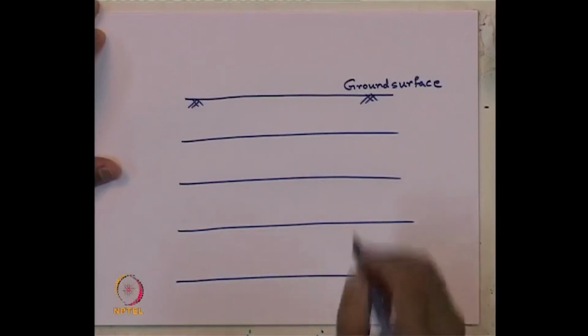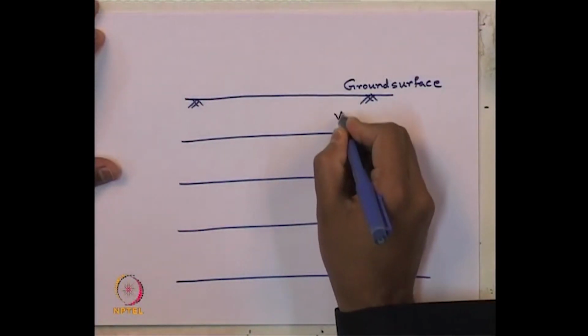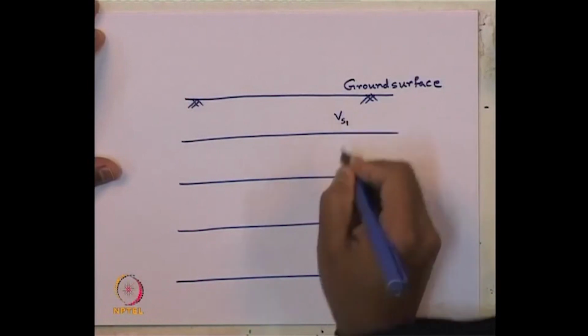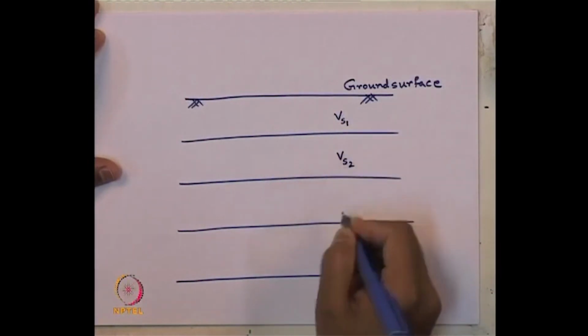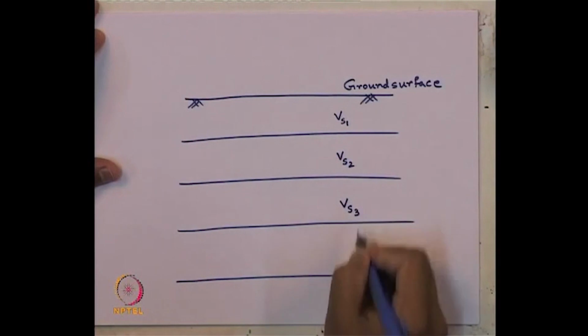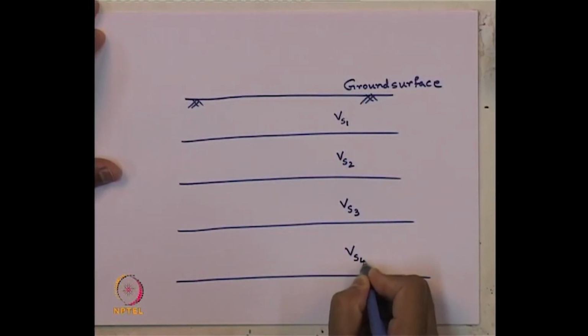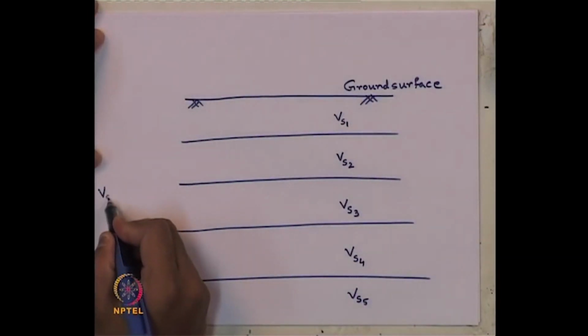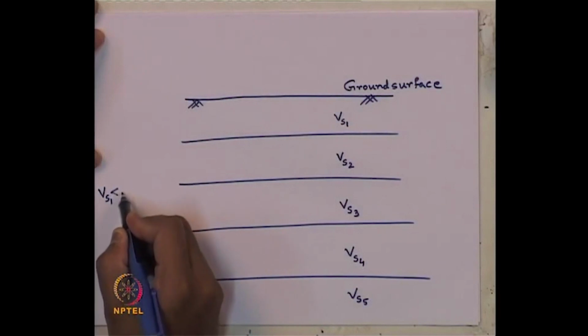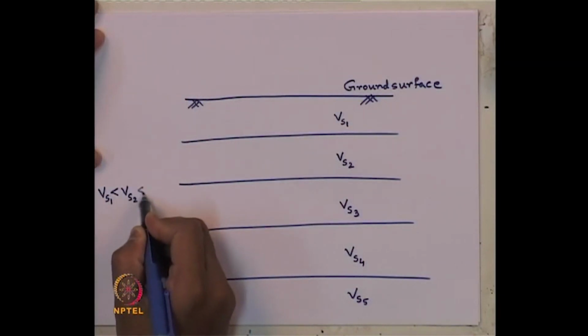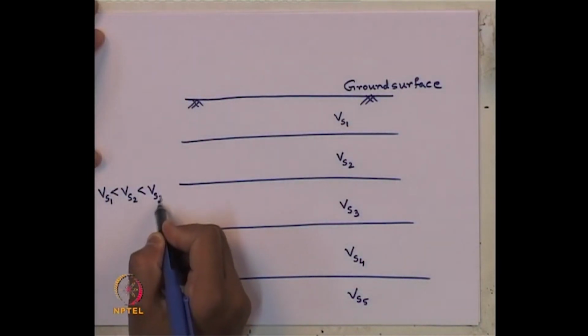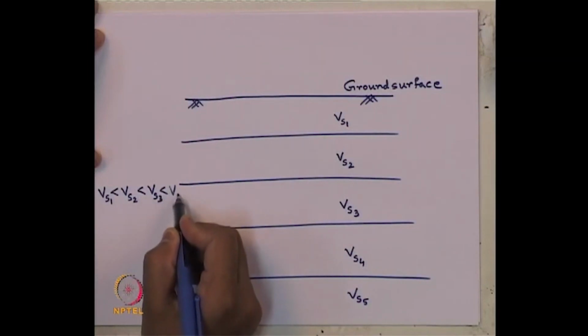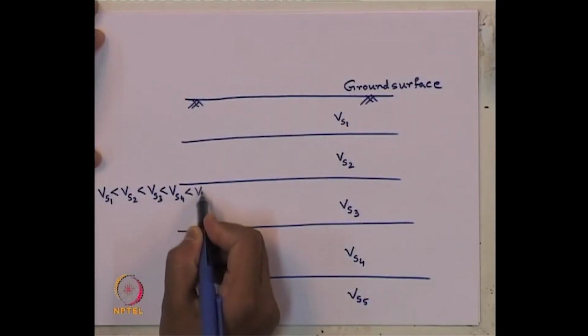The shear wave velocity in this layer is Vs1, in this layer Vs2, in this layer Vs3, in this layer Vs4, in this layer Vs5, and so on, in such a way that typically Vs1 is much less than Vs2, which is much less than Vs3, then this is much less than Vs4, this is less than Vs5.